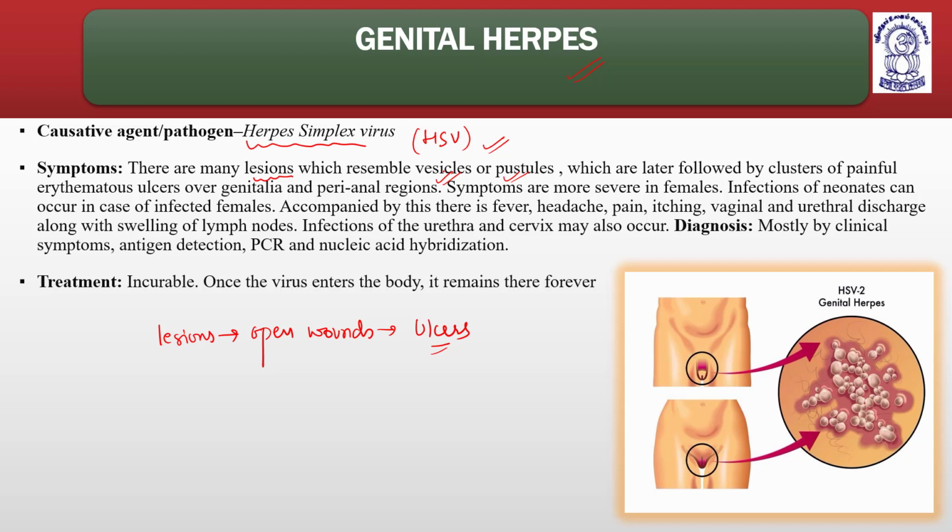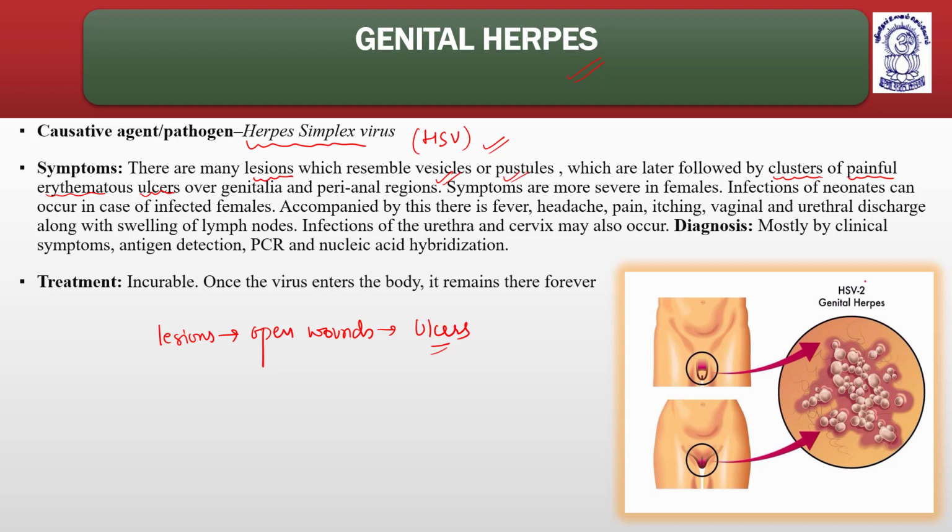They can include pus filled outgrowths, or vesicles, which are later followed by clusters of painful erythematous ulcers. Firstly it is like this, then they will burst, and after the bursting the pain will occur, which is unbearable.